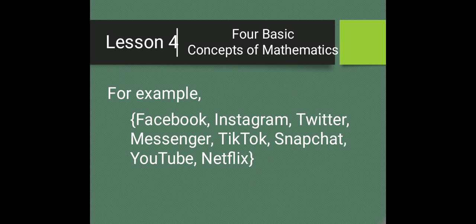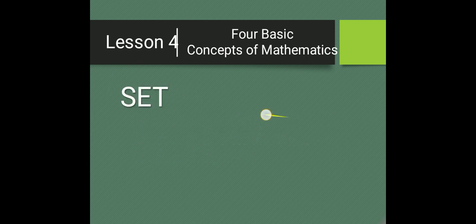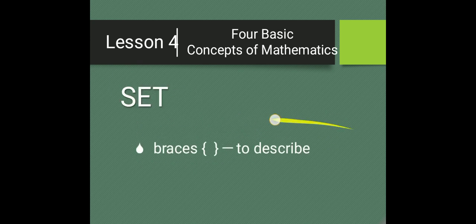Itong Facebook, Instagram, Twitter, Messenger, TikTok, Snapchat, YouTube, and Netflix. So, pwede nating paisahin ito sa isang set, which is a set of social media sites. So, itong Facebook, Instagram, Twitter, Messenger, at iba pa, ay ang tinatawag nating members of the set or elements of a set.